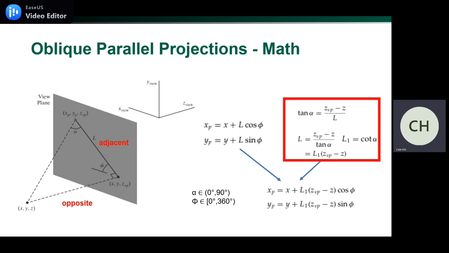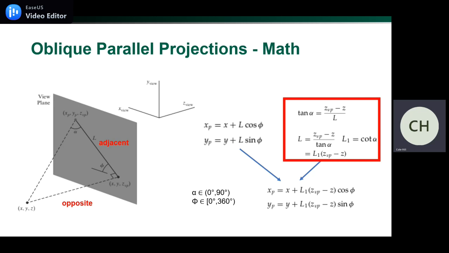Now, for the other, we have the triangle formed between these 3 points. Using, again, SOHCAHTOA, we get that tan alpha is equal to z sub vp minus z over L. And rearranging that with some algebra, we can see that L is equal to z sub vp minus z over tan alpha.